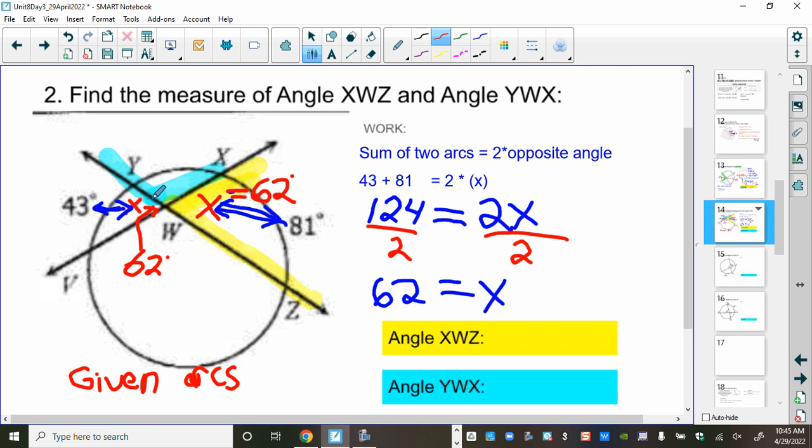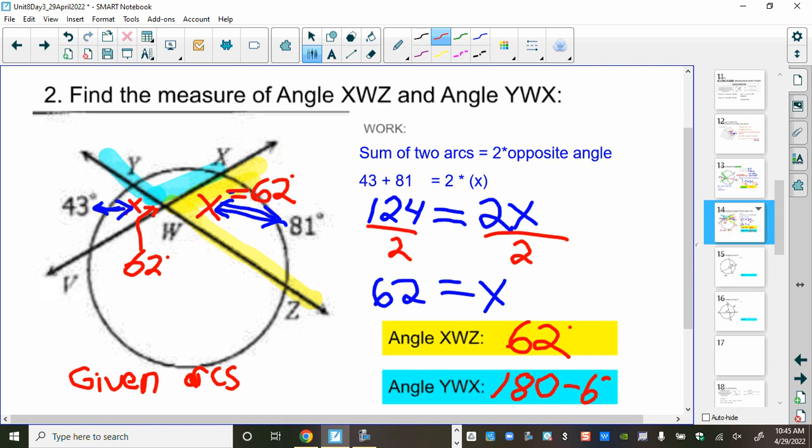So label your angle. Now we can get the other two angles. How do we get the other two angles? 180 minus 62. Very good. That's exactly how you get that other angle. 180 minus 62.